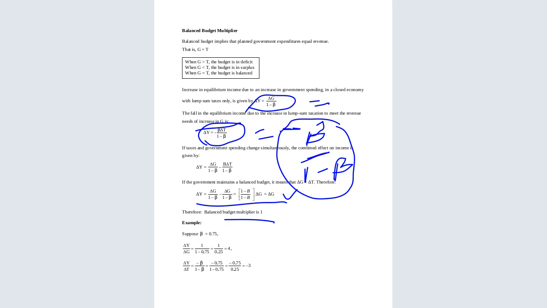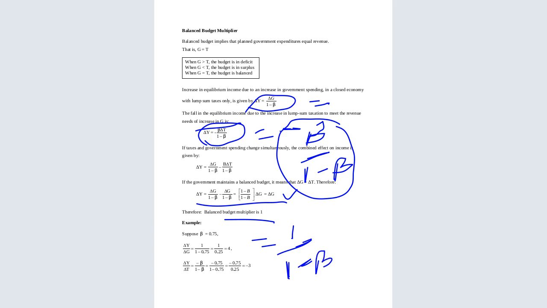That is true for all cases where we have a balanced budget. The multiplier is simply equal to 1. So there is an illustration here. So we have beta given as 0.75. So you can find the government expenditure multiplier. We have said the government expenditure multiplier is given as 1 over 1 minus beta.